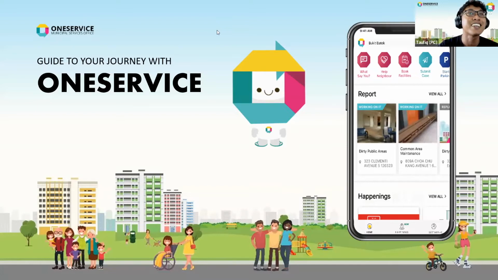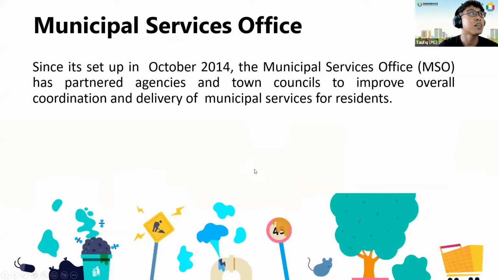All right, great that some of you have heard of the OneService app. We hope a lot more would make use of it, because it is a good app for you to give your feedback and let us know if there are any issues in your neighborhood or your residential area as well.